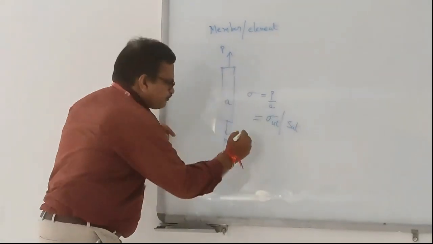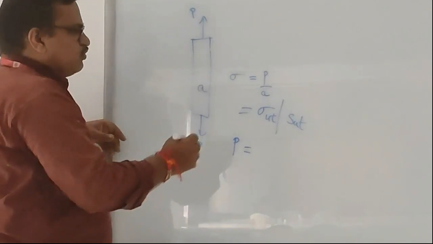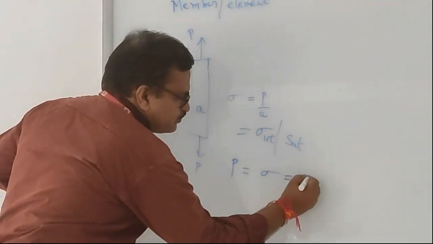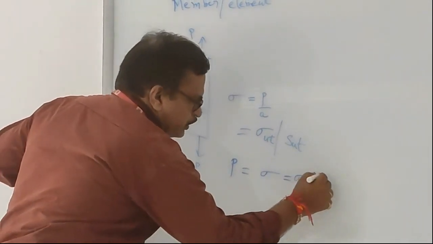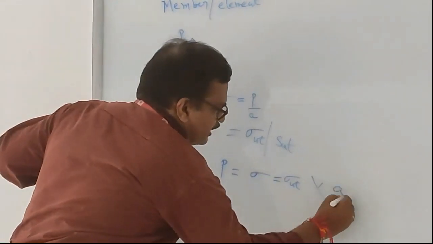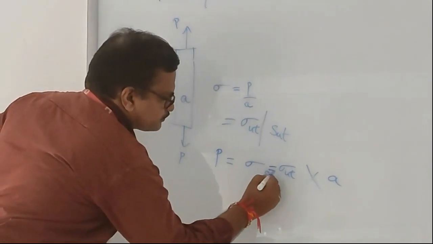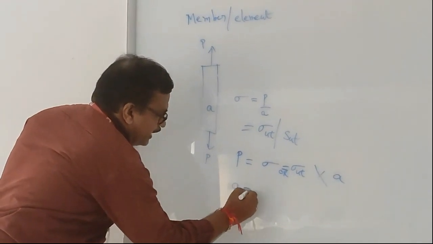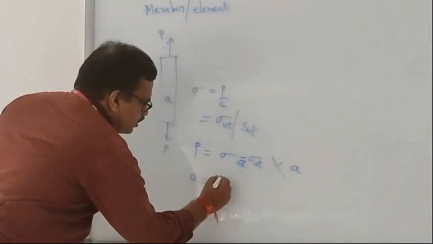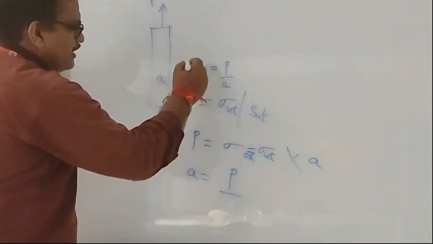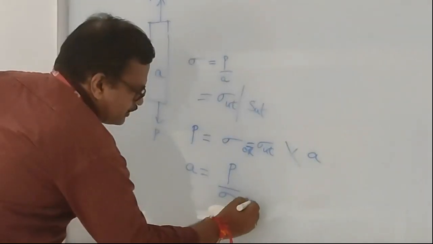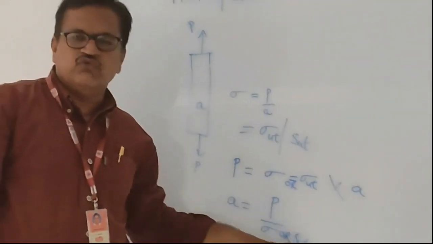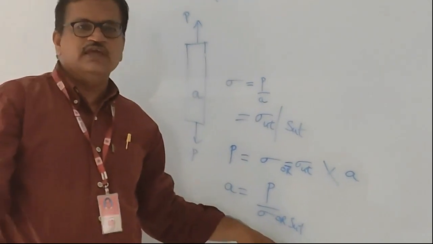Either we determine the load P, which is equal to sigma, that is the induced stress, same as sigma ut, into the cross-sectional area A. In other words, if you want to find the area A, then that is equal to the load applied divided by the stress, so P by SUT, because the design condition is that the induced stress is equal to the ultimate stress of the material.